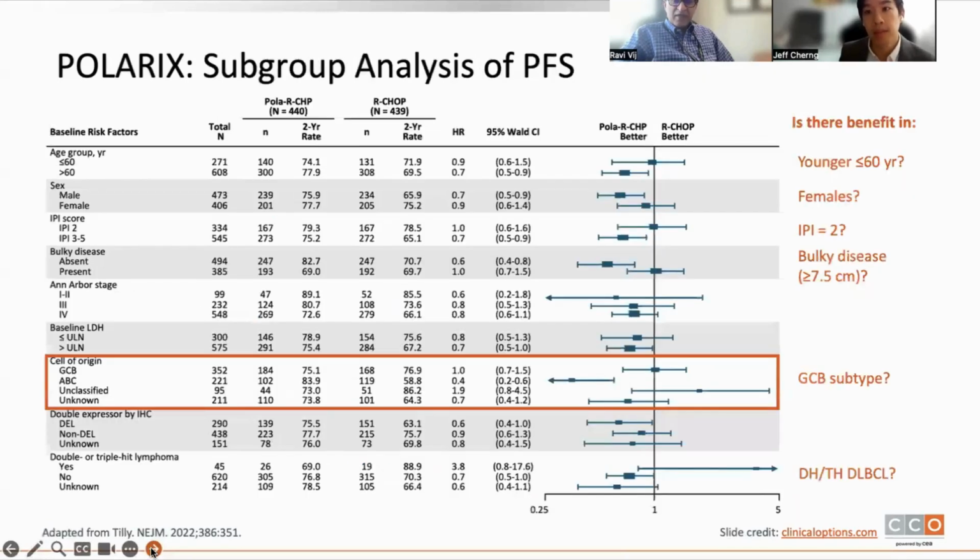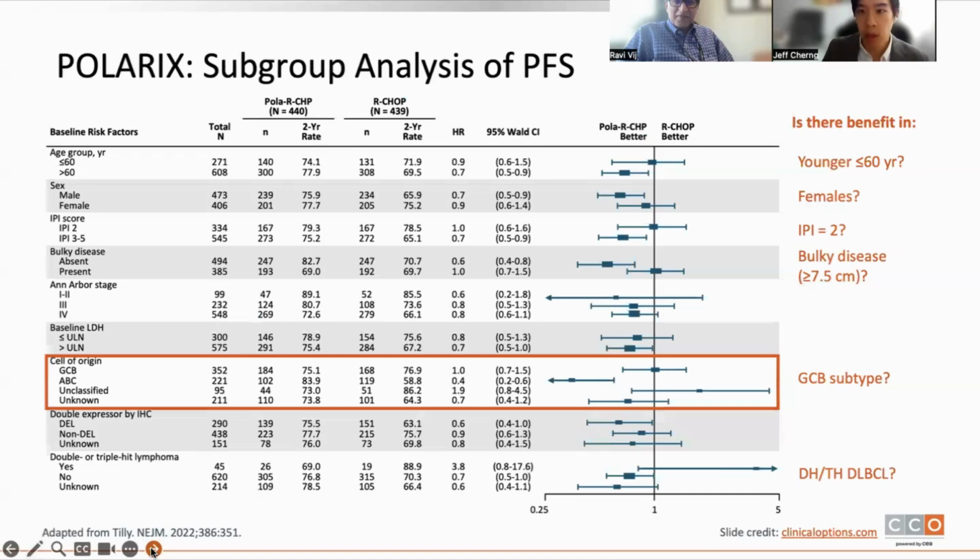And did all patients benefit, all subsets? So this is an area of hot discussion in lymphoma right now. When we dive into the subgroup analysis and look at the forest plots here, there are certainly some subgroups that seem to benefit preferentially from the replacement of vincristine with polatuzumab vedotin.